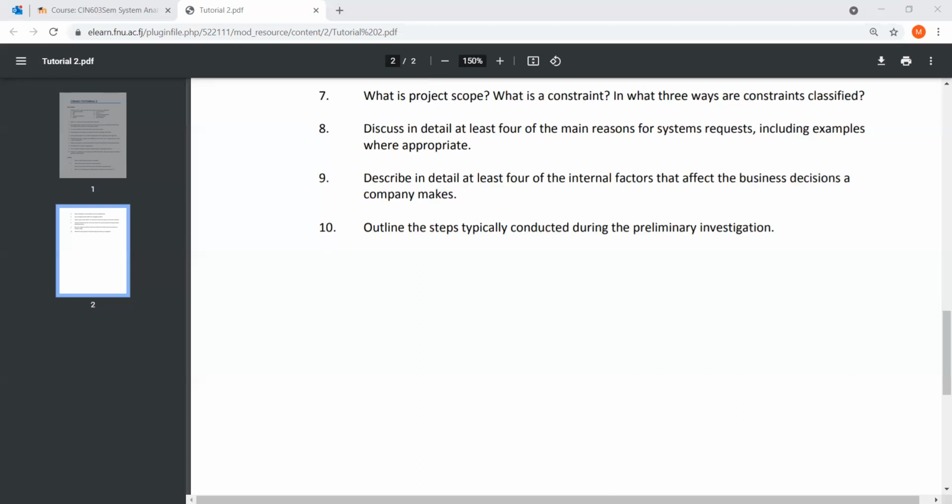And the very last internal factor is existing systems and data, dash.